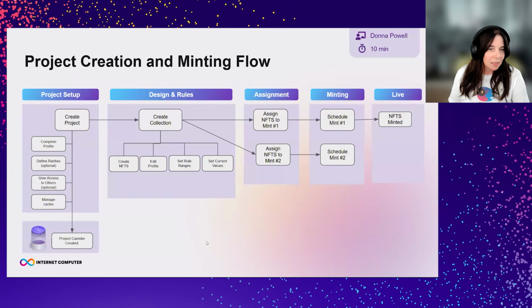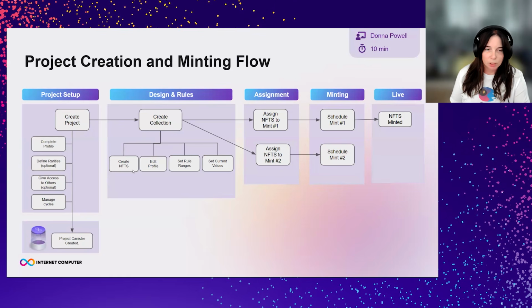This is the basic project creation and minting flow. So you get some idea of how you're meant to create NFTs. So to start with, you create a project, and this could be, for example, dragons. And then you create a collection, which, using the dragons example, this could be magic potions, it could be dragon eggs, it could be weapons, whatever you want to subdivide them as, basically.